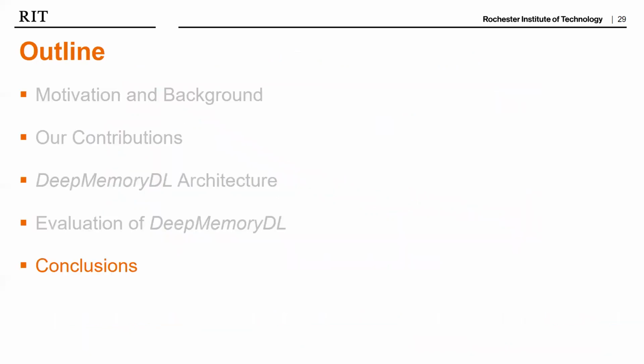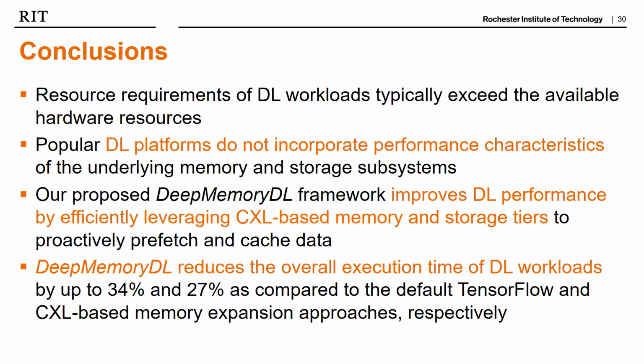In the end, I would like to summarize our main points of our research. We observed that the resource requirements of modern deep learning workloads typically exceed the available hardware resources. Similarly, popular deep learning platforms do not incorporate varying performance profiles of memory and storage subsystems.